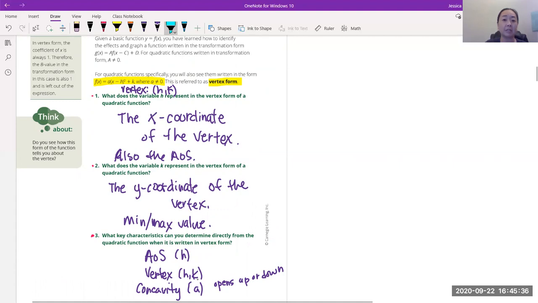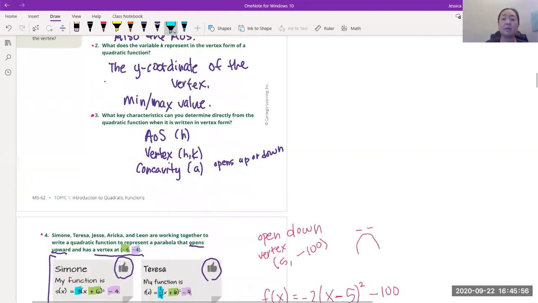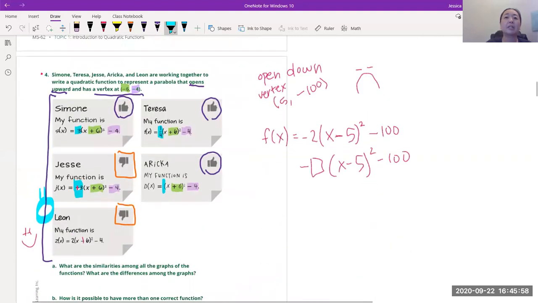The vertex, obviously, because it's the vertex form. So the (h, k) tells you the vertex, and also the a, that tells you the concavity, right? So that's going to tell you the up or the down. So that a is right here, the front, just like the two other forms. That a is the same a. Okay, those are all the same a. They're all the same.